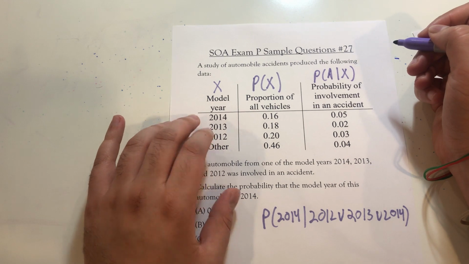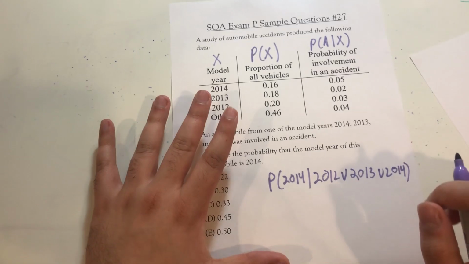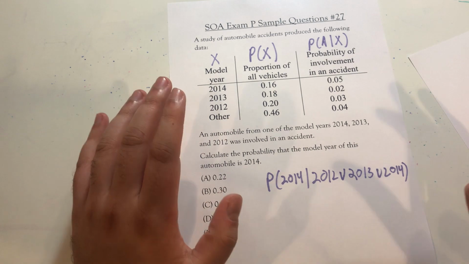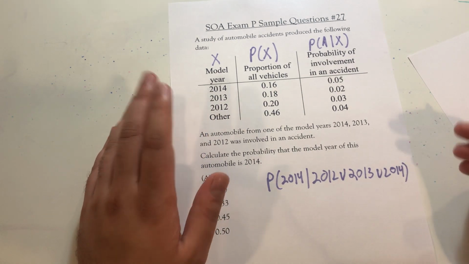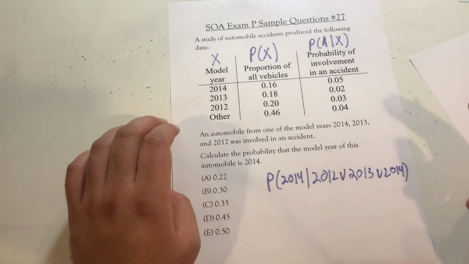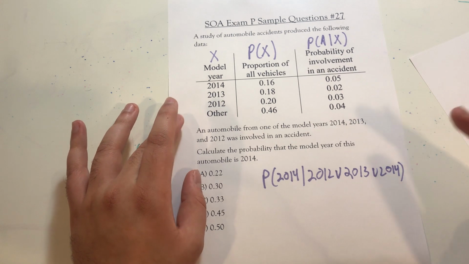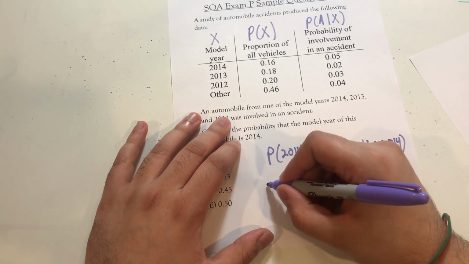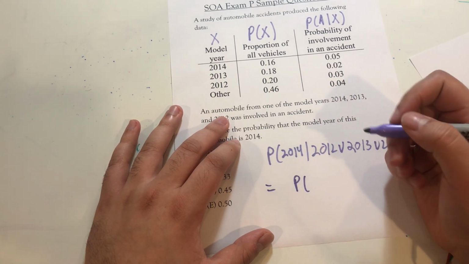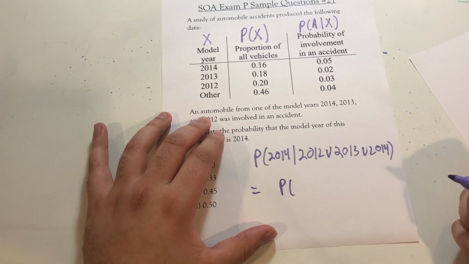All right, so let's look at how to solve this. This is very clearly just kind of another Bayes theorem problem. You're going to see that a lot on these list of sample questions. So this is going to be equal to the probability of the intersection of a 2014 car getting into an accident, right?